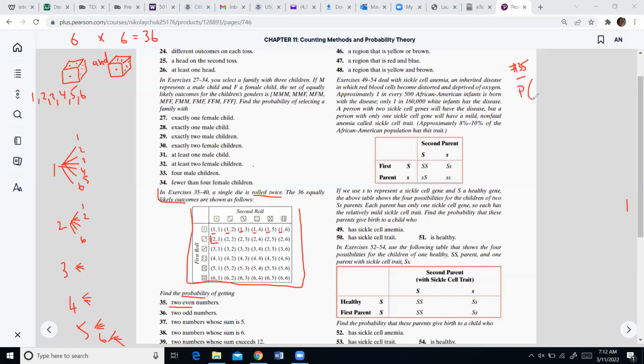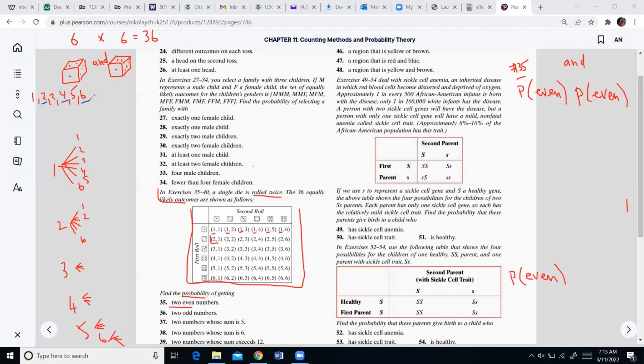Probability that we have an even number and another even. Well, what does that mean? I think we already saw this once a while ago when we looked at all of the evens when we roll the die once.